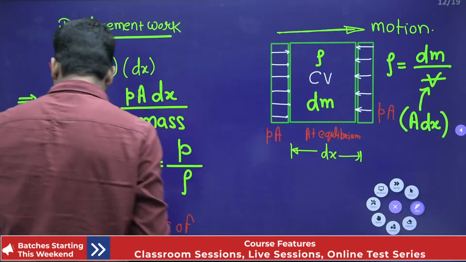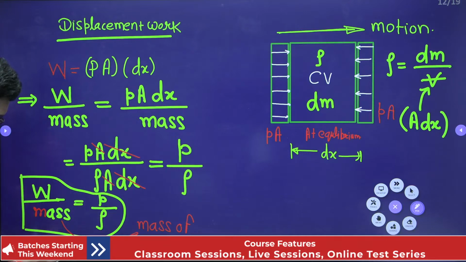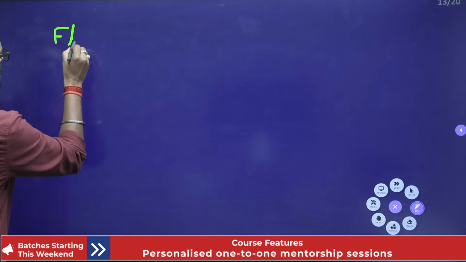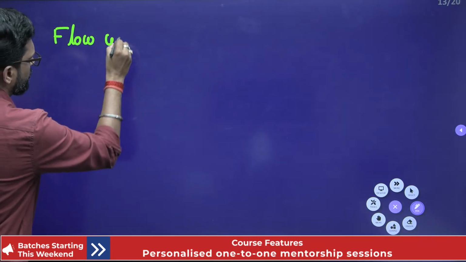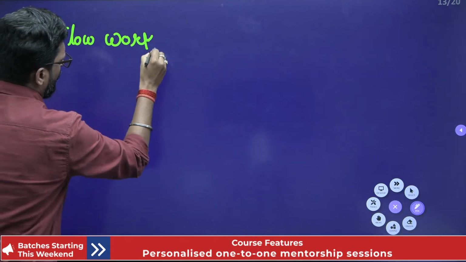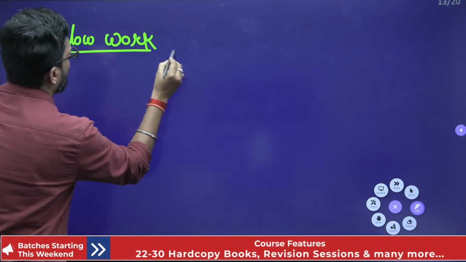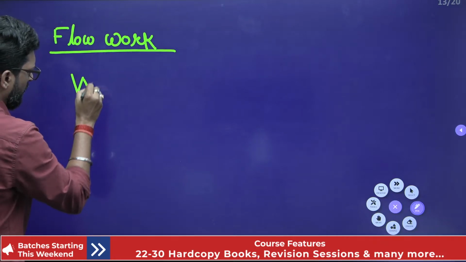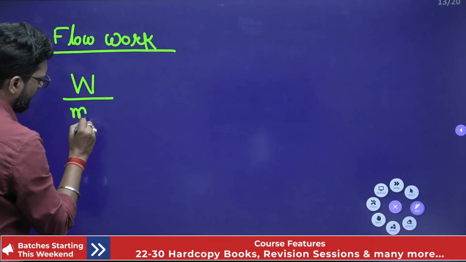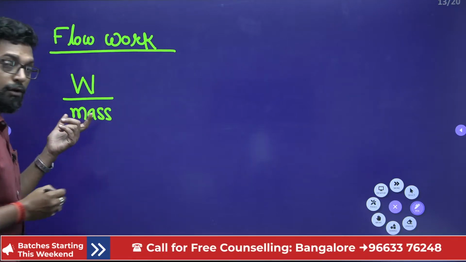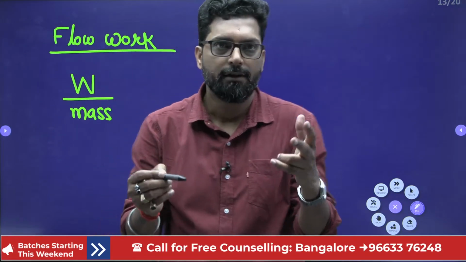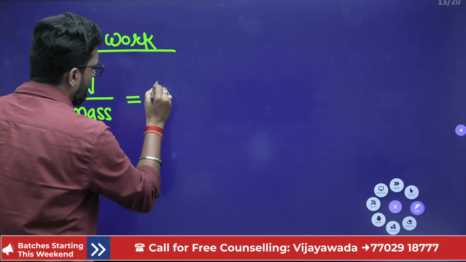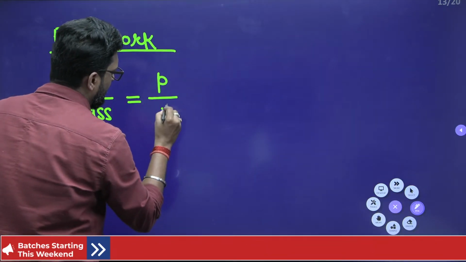See beta, that means what we discussed, that means flow work, work per unit mass, will always be defined on a per unit mass basis as pressure by density.